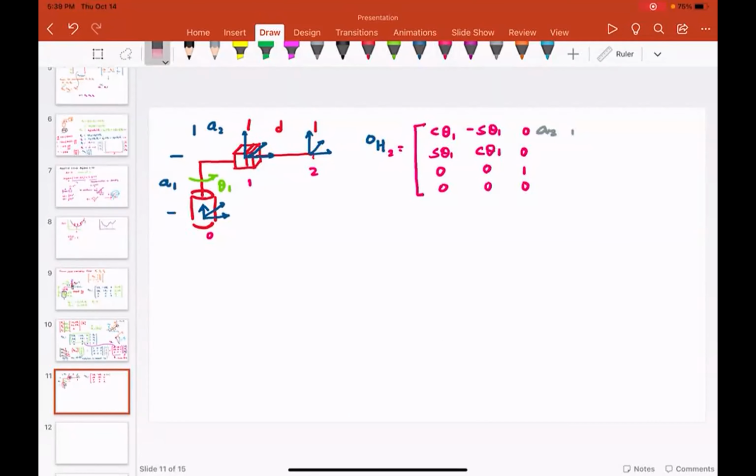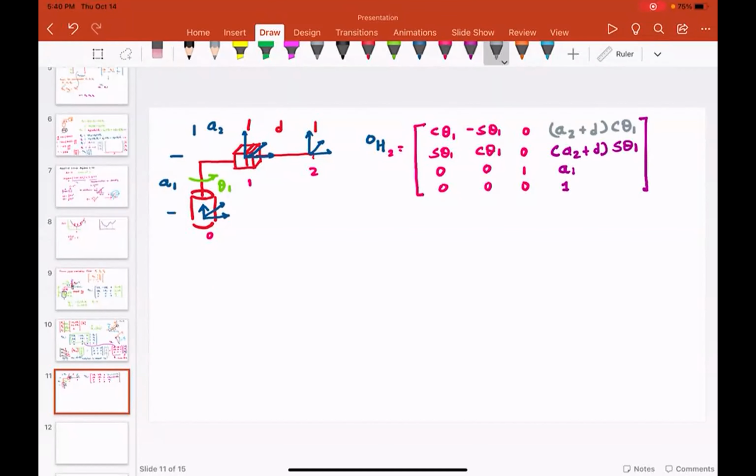So A2 plus D cosine theta 1. Then you're going to have A2 plus D sine theta 1. And this would be A1. This will be 1. You agree with me?